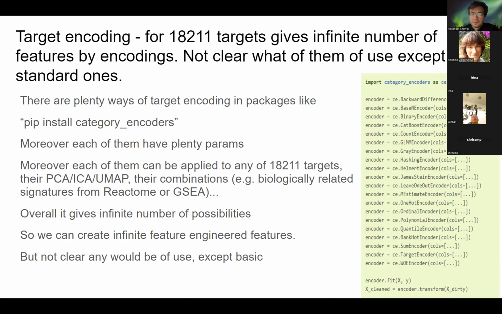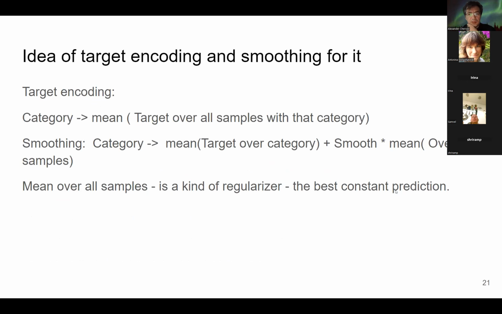So at the start, you have a vector of some numbers, and try all of them? No, this smoothing parameter is one number. For one feature, it's one number.